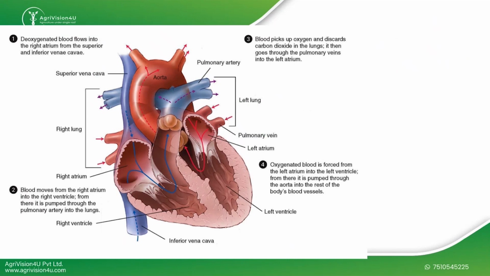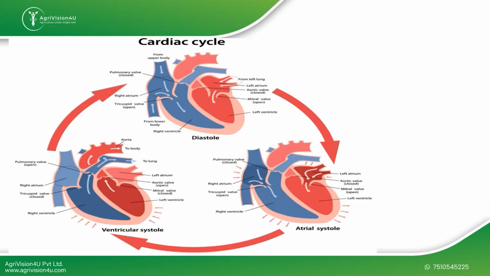Then we will have the anatomy, the exact direction of the flow, and then the cardiac cycle, how it functions, in short. We'll also be discussing the structure and function of the blood vessels.